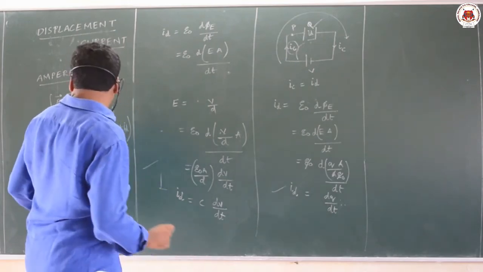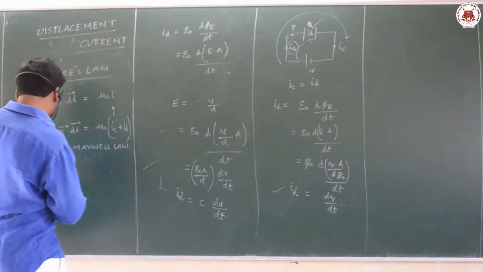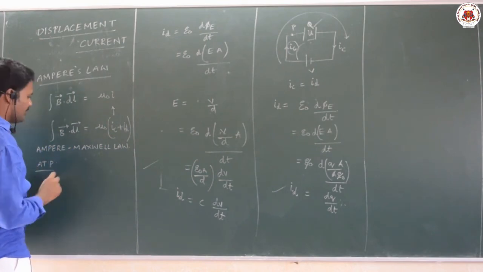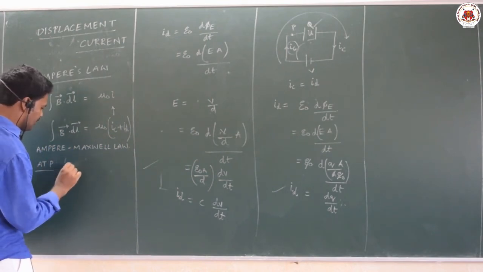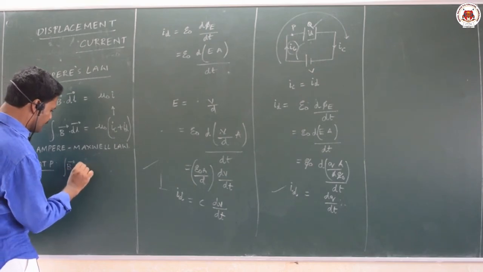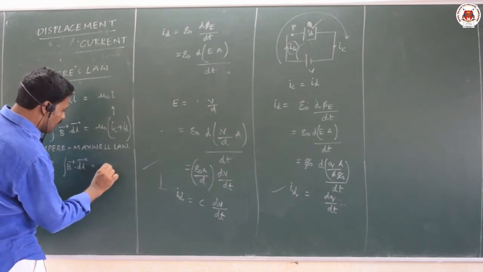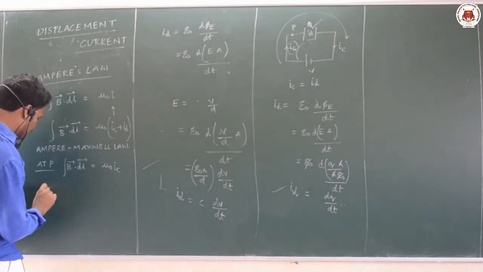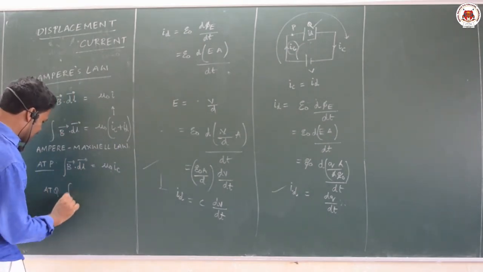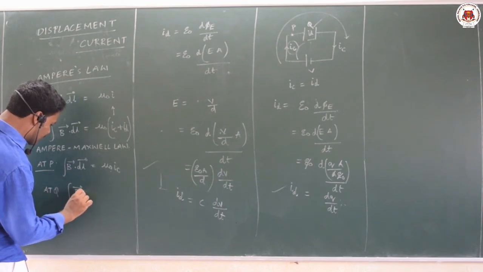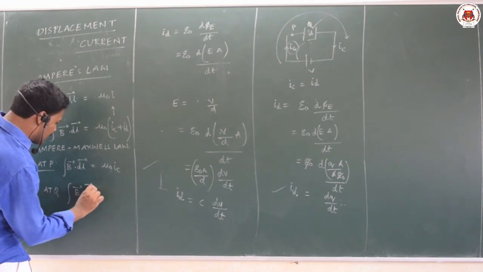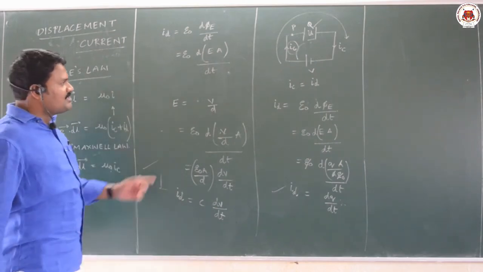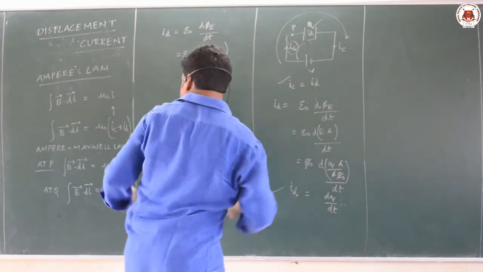So at P, integral of B bar dot dl bar is equal to mu naught IC. At Q, between the plates of the capacitor, integral of B bar dot dl bar is equal to mu naught ID. But we already know that IC is equal to ID, therefore it is equivalent to mu naught I.